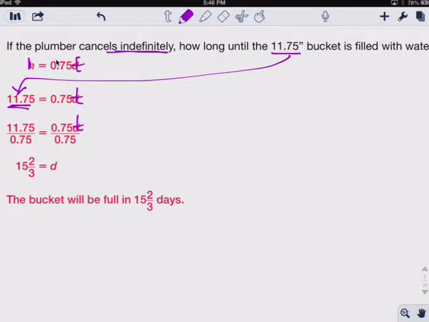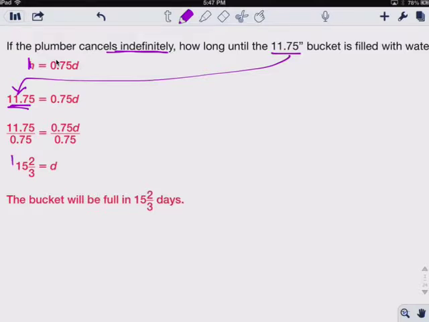That's the max it can go. We want to find how many days. Days is time. I can see why they use D though. D for days. And then you solve it. Divide by 0.75. Use your calculator. That's 15.66666666.